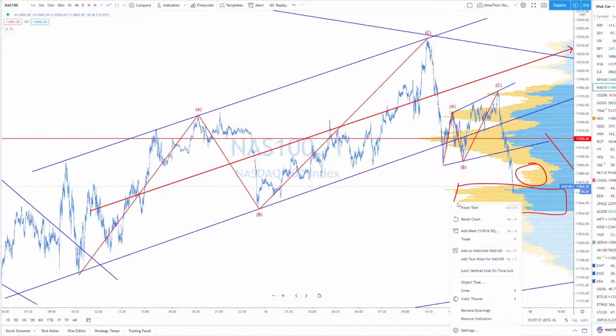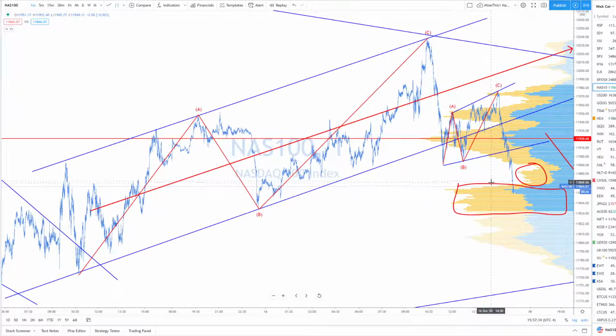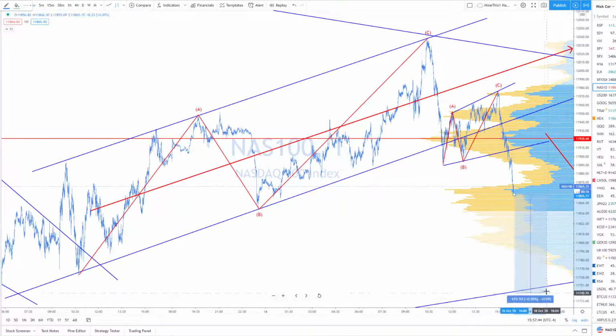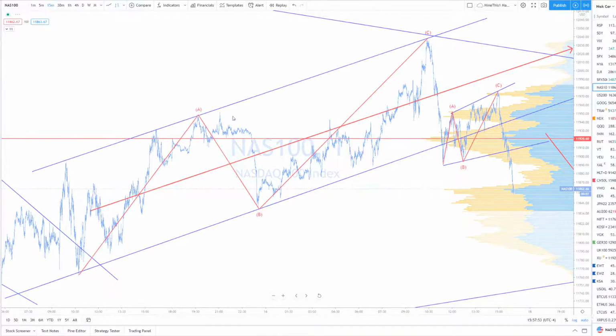All right. We'll come back to this. We're still about 0.9%, about a percent from touching the bigger structure, right?